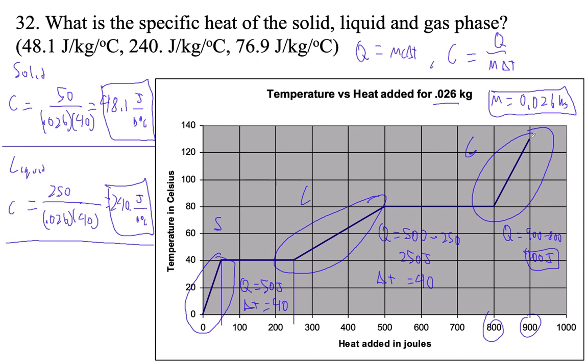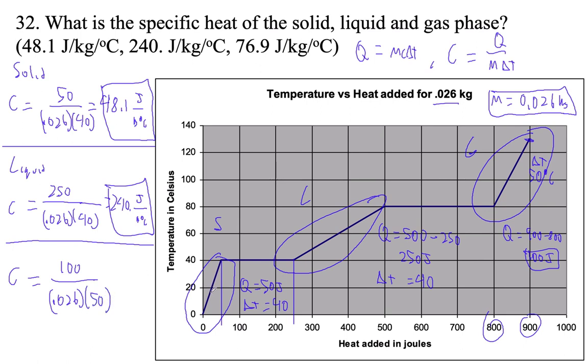And then our change in temperature, is that right? The change in temperature is from 80 to 130. That would be 50 degrees, right? 50 degrees Celsius is this delta T. Okay. So specific heat is going to be the 100 joules that flows in divided by 0.026 divided by 50.